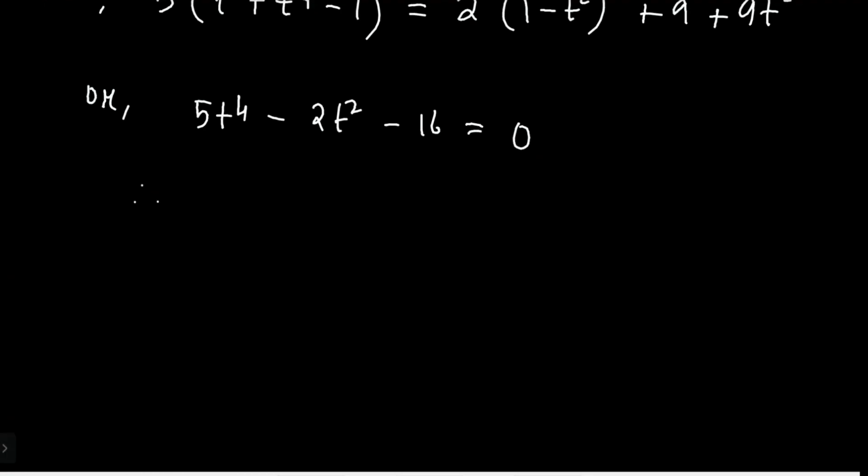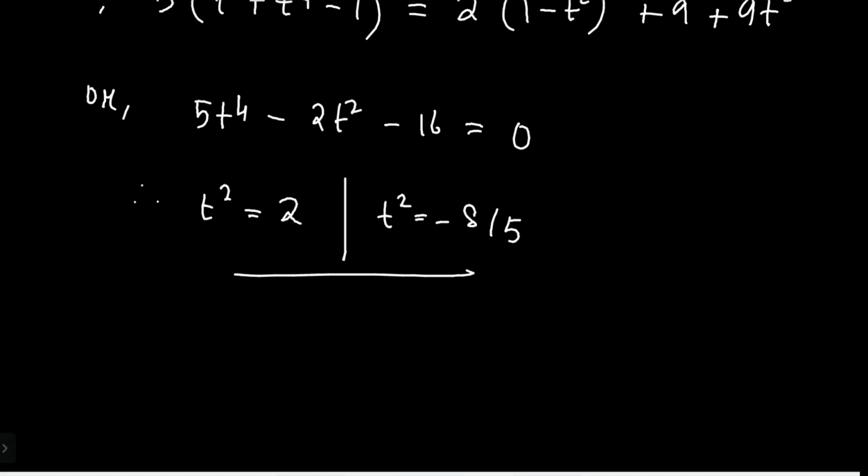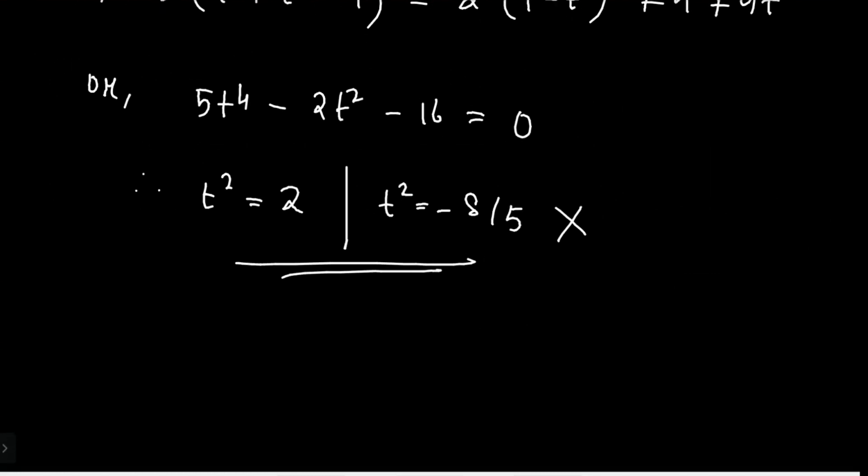From this you will get two values of t square: t square is equal to either 2 or minus 8 by 5. Now t square equal to minus 8 by 5 is not acceptable, so we have to accept the case t square is equal to 2.